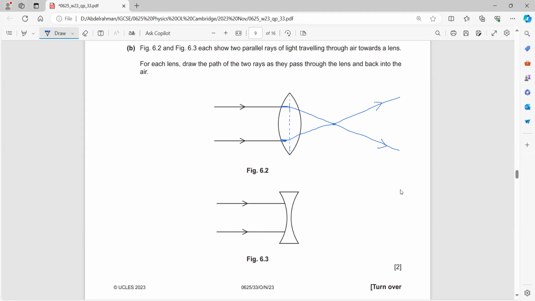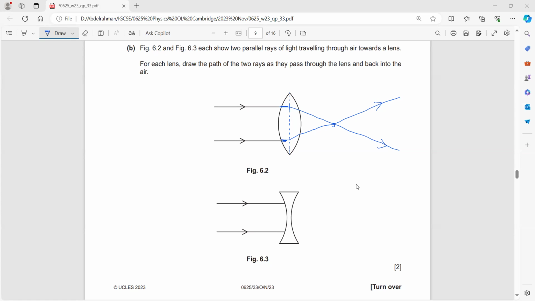Where should they meet? It doesn't really matter. It could meet after 2, 3, 4, 5 centimeters, whatever. It doesn't matter.